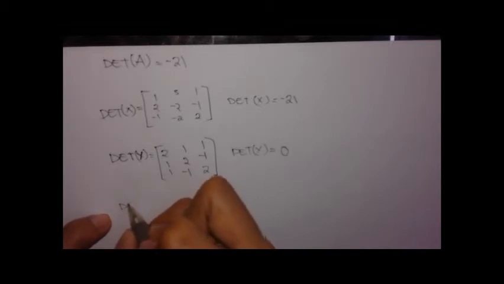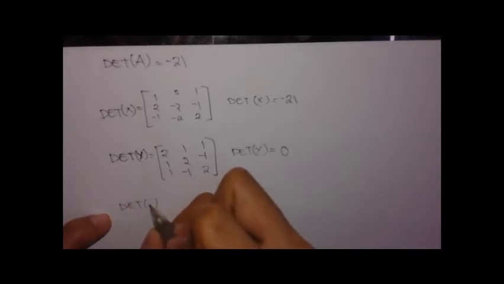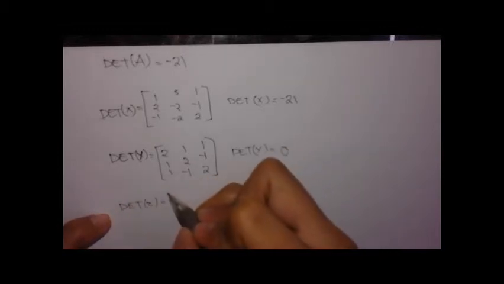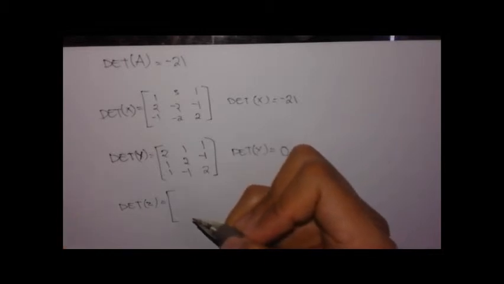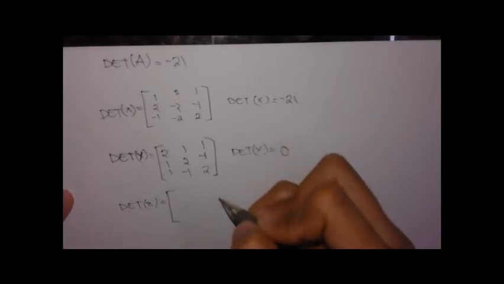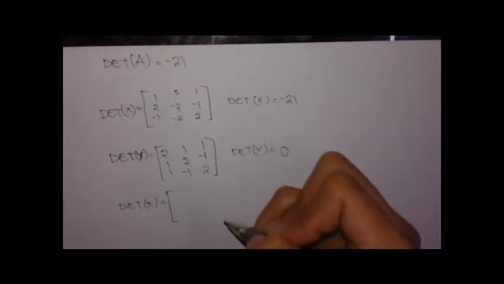The next thing we're going to do is take the determinant of z. Judging from what I've been doing, you should already know what I'm going to do next. We copy the values of x and y, and put the values of d, so the constants of x and y.